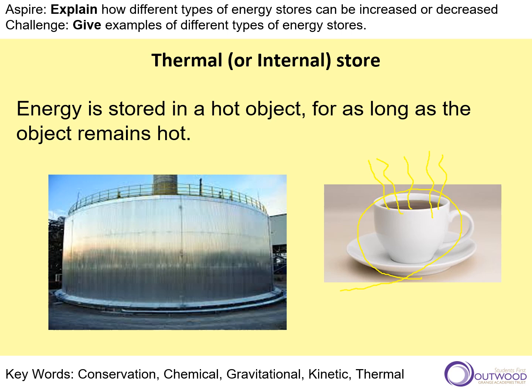What I mean by that is that you've got some thermal energy being released from the tea. Where does it go? Well, it goes into the surroundings. So that thermal energy store in the teacup is decreasing, and the thermal energy store in the surroundings, which we call the internal store of the surroundings, is increasing.